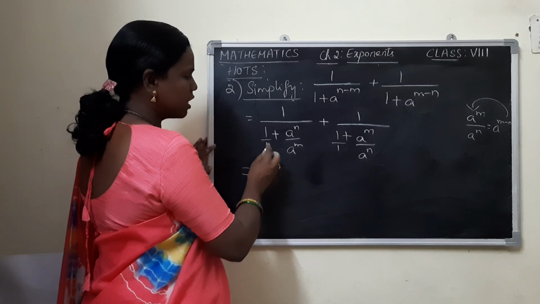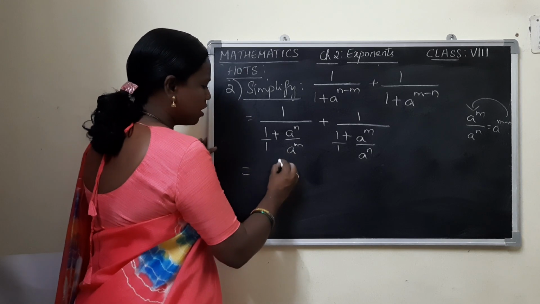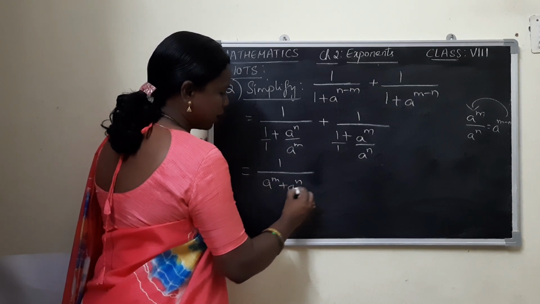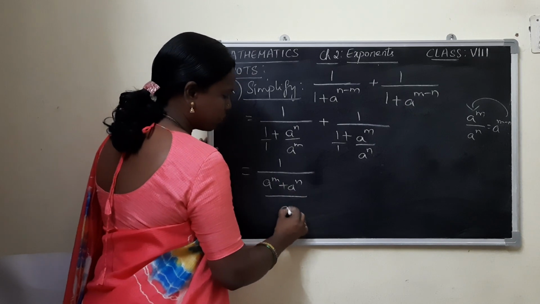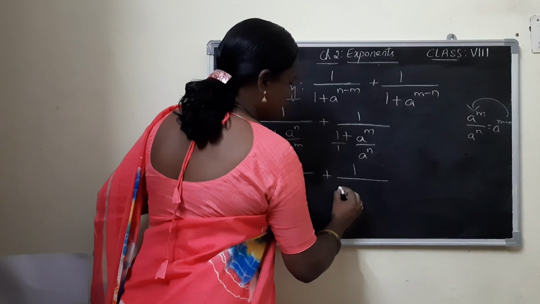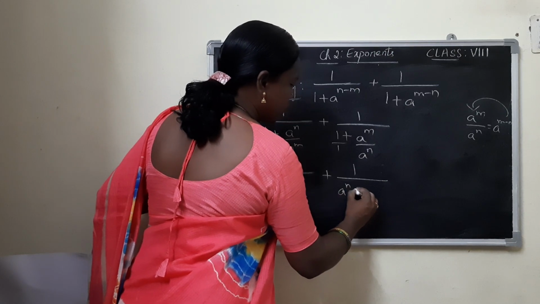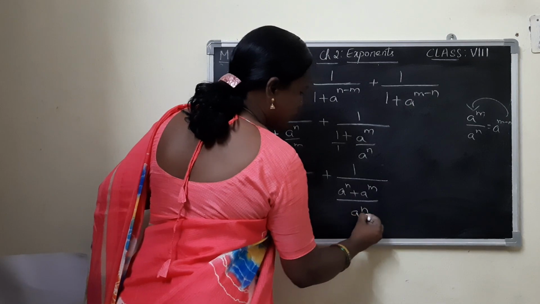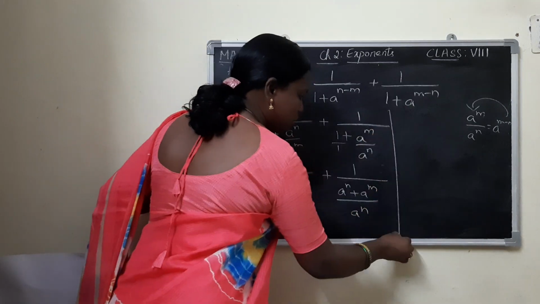So I multiply: 1 by a power m plus a power n by a power n. Same thing, 1 by a power n plus a power m whole divided by a power n. So hope you have understood till here.